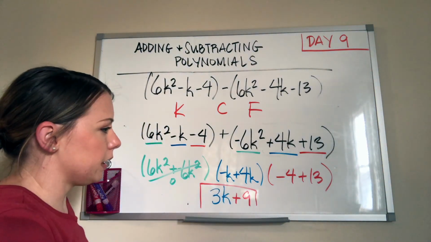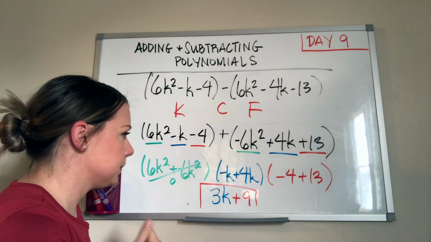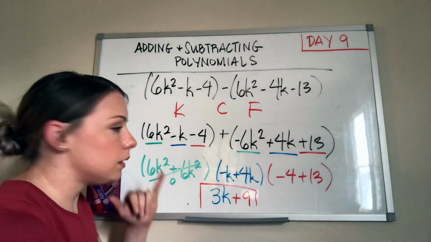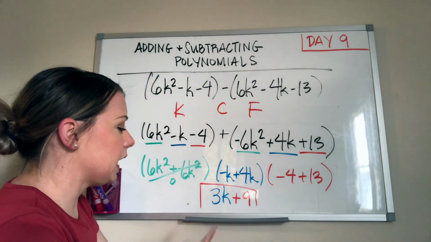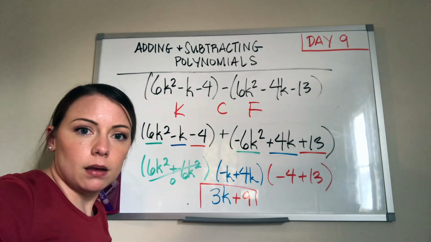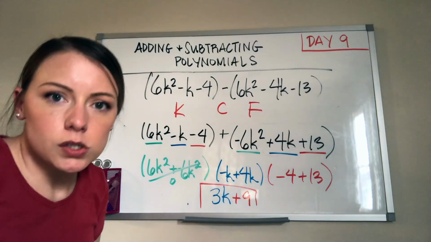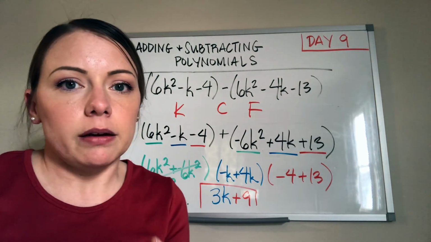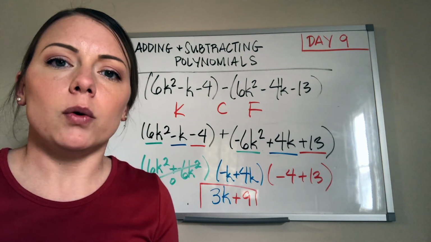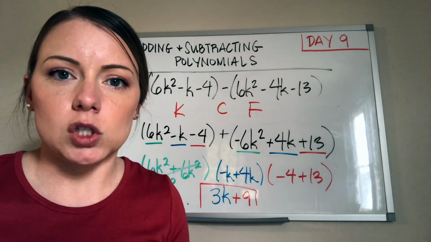Excuse my multiple colors down there. All right, so the difference between these two polynomials is 3k plus 9. All right, so not too bad. In your notes, it might say it's slightly different. No big deal. You follow whatever makes more sense to you.